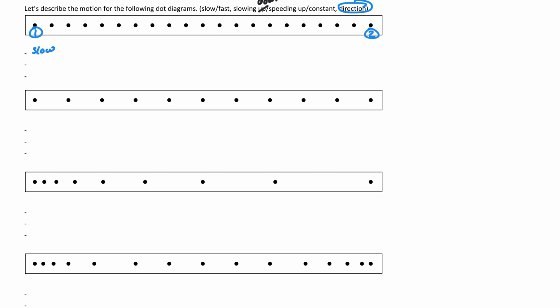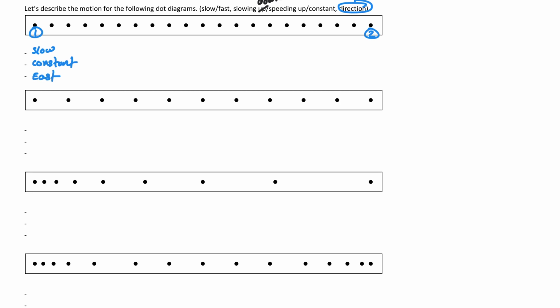Is it speeding up or slowing down? Well, the spacing between them isn't changing, and since it's not changing, it's a constant pace. Another way of saying that is that the speed isn't changing. And in this particular case, since we're assuming it starts from here and goes here, the direction is east.